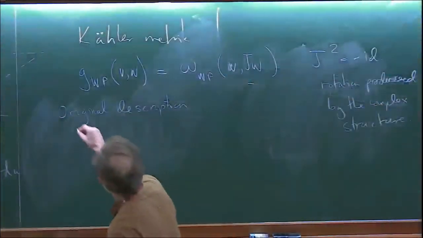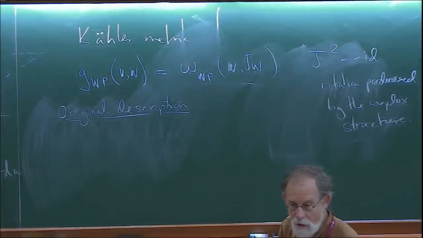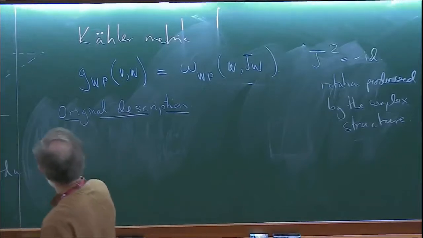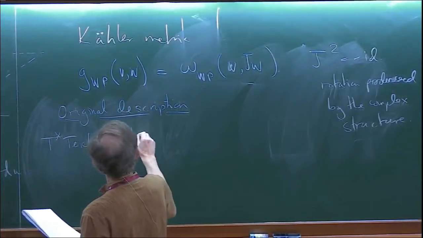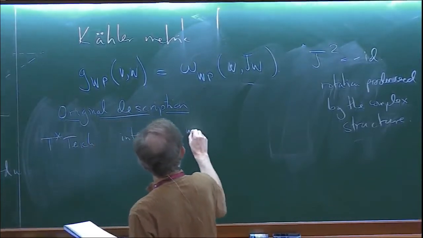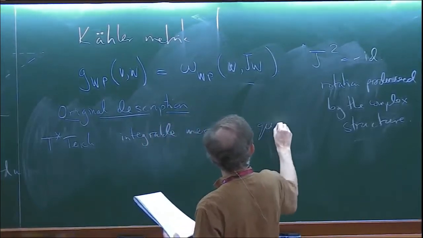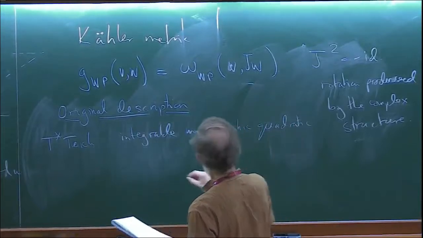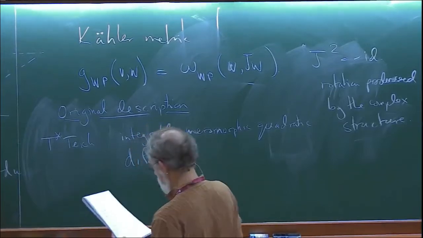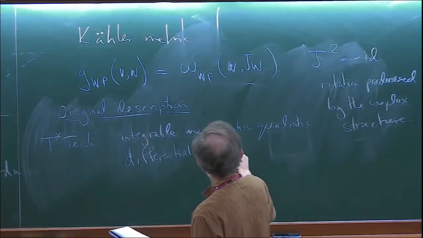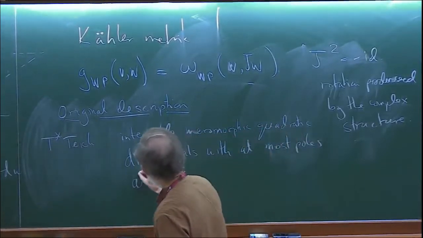So the original description, it's easiest to talk about cotangent vectors to Teichmüller space rather than tangent vectors. And cotangent vectors are integrable meromorphic quadratic differentials with at most simple poles at the cusps.